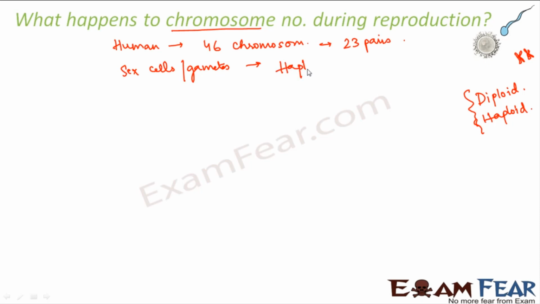That is, these cells are haploid. So how many chromosomes do they have? They have 23 chromosomes because they do not have chromosomes in pairs. So that is the difference between all other cells in the body and the specialized sex cells or the gametes. Clear? Okay. Now what happens during reproduction?